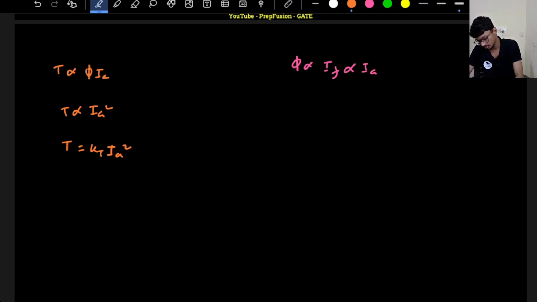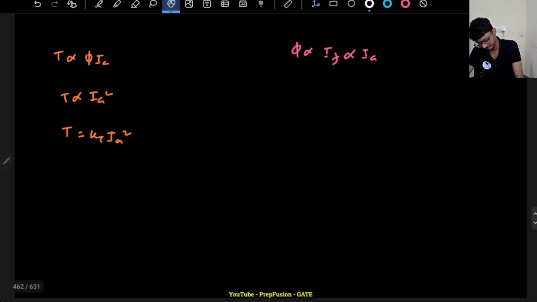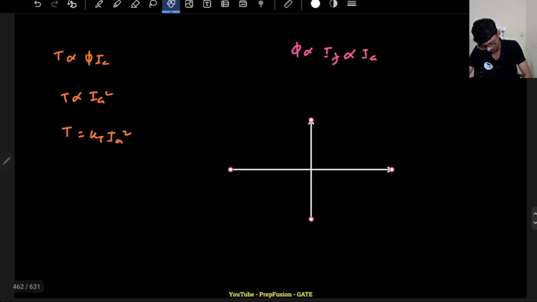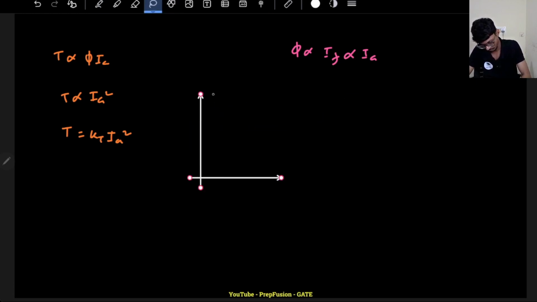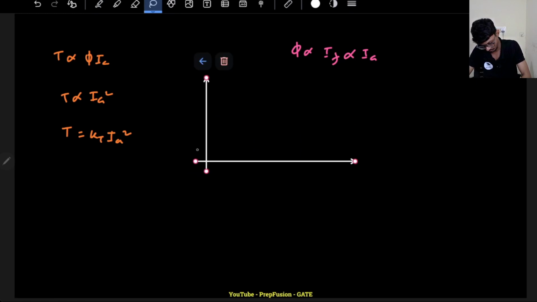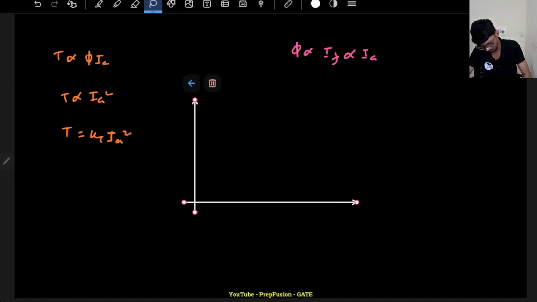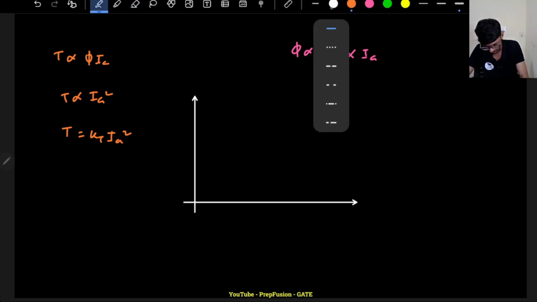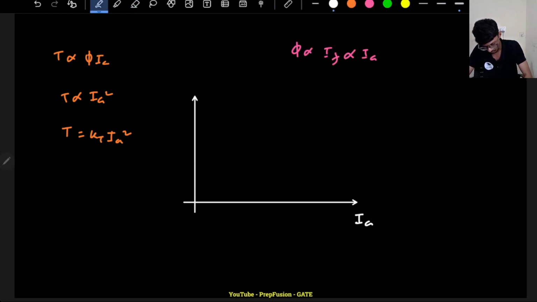So if I draw the graph, this is my load current, armature current, and this is my torque, right? So it is just like a parabola. The parabola is somewhat like this, correct? Keep on increasing.